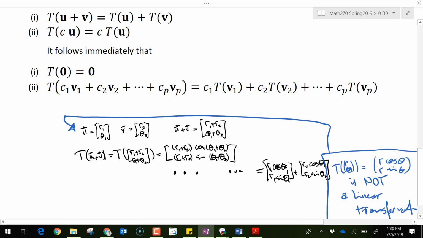So I eventually want to get there if this was supposed to be a linear transformation. And the thing is, I don't know if I can fiddle around with these trig functions enough to make it look like that.